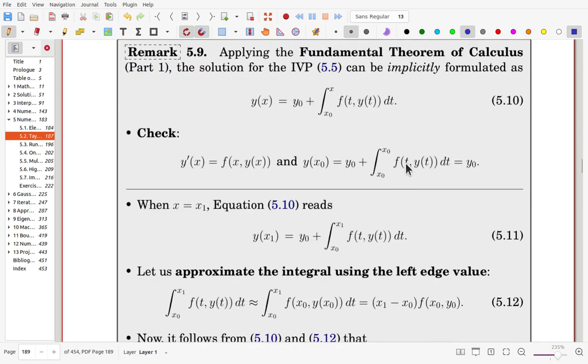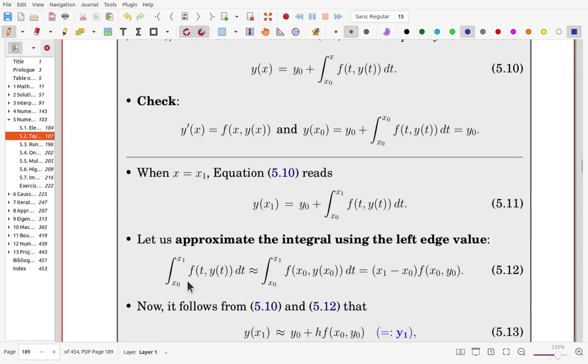Okay. Now, for the solution, when x is x1, this equation can be written in this way: y at x1 is the same as y0 plus the integration from x0 to x1 of the slope. Now, we try to approximate the integrand using the left edge value. So for the integral, this is approximated by using the left edge value.